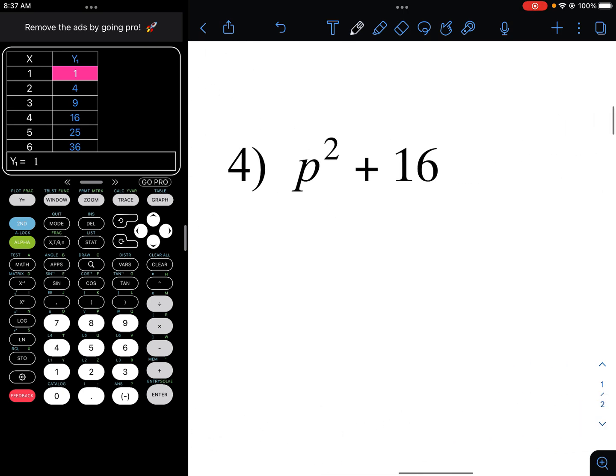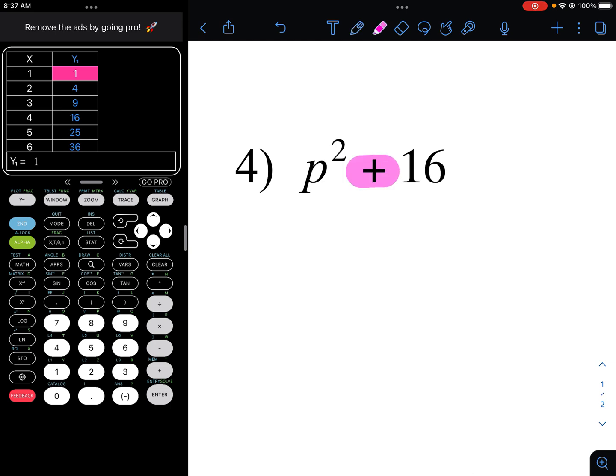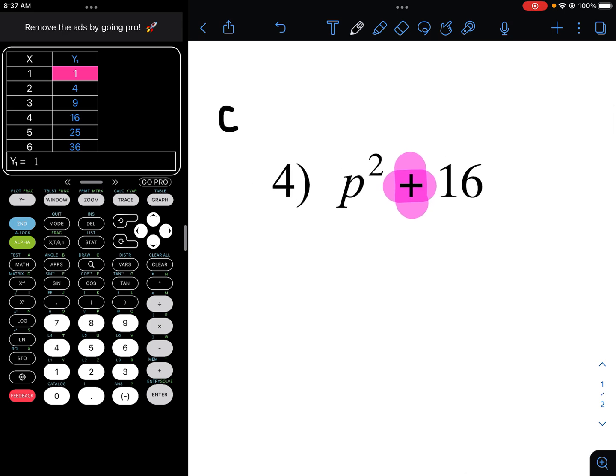What you have to be careful with is number 4. This does not work with plus. So this is actually a trap. Careful. It is not the special pattern. It only works for subtraction.